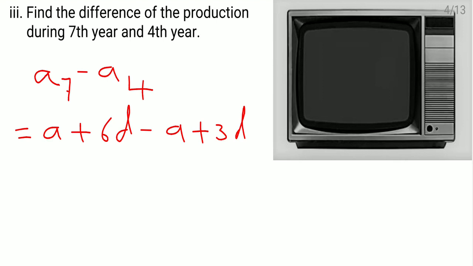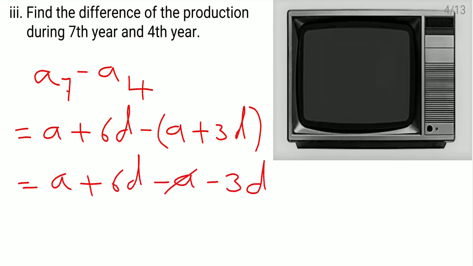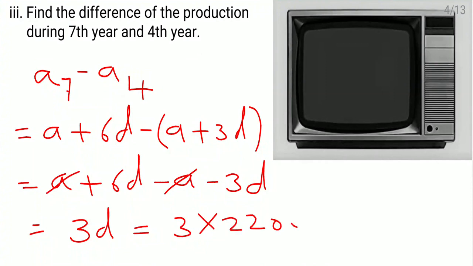Remember the negative sign, so give the bracket. Now open the bracket. A plus 6D minus A minus 3D. A and A cancelled. We got 3D. 3 into the value of D, 2200, is equal to 6600. This is the difference of the production in the 7th year and 4th year.